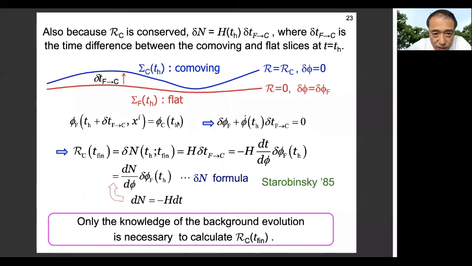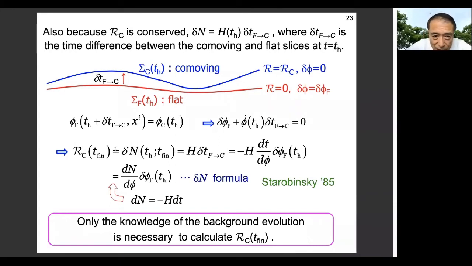So if you expand to the next order, then on that comoving slice, the scalar field must be uniform, and this determines the relation between this delta t and delta phi, because delta phi must be absorbed into delta t.